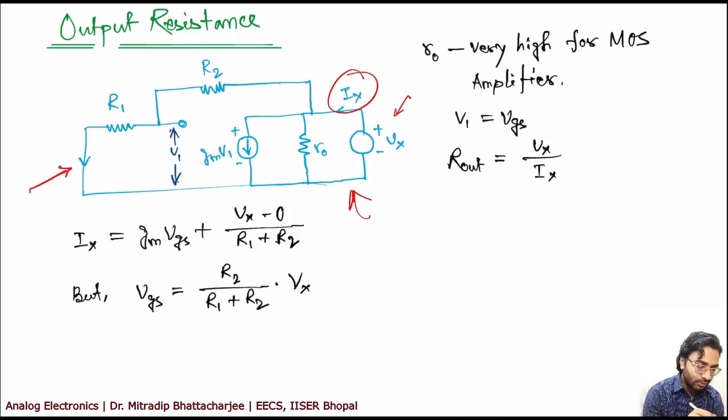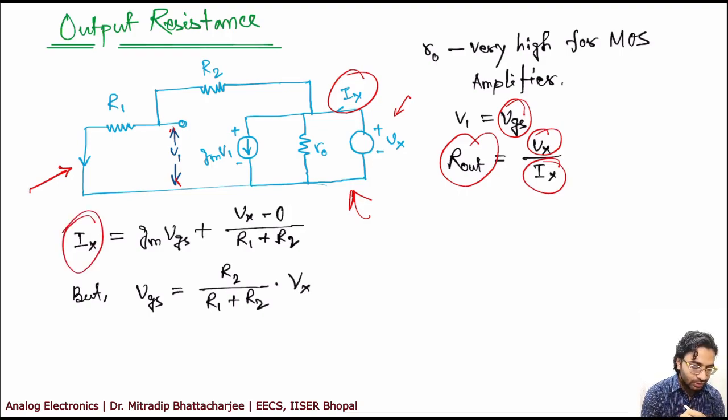Now in this case your V1 is nothing but your VGS, and your Rout will be Vx by Ix. If you look at the Ix, it is getting divided in two directions. One is GM V1 and another one is this value.